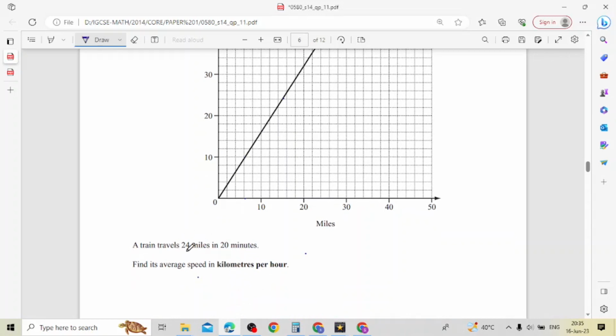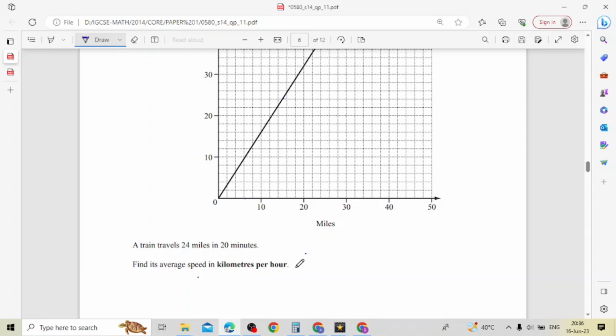A train travels 24 miles in 20 minutes. Here, 24 miles in 20 minutes. Now find its average speed in kilometers per hour.